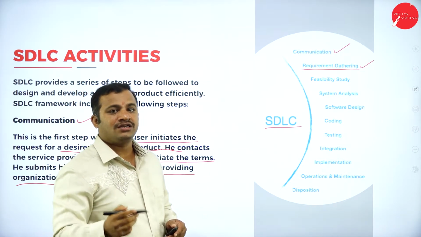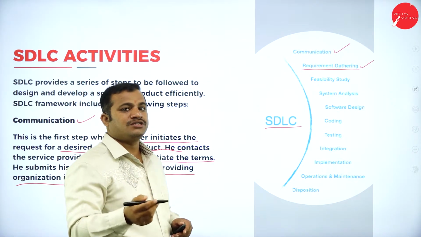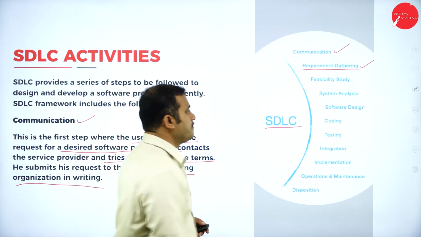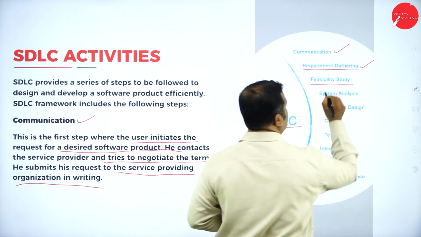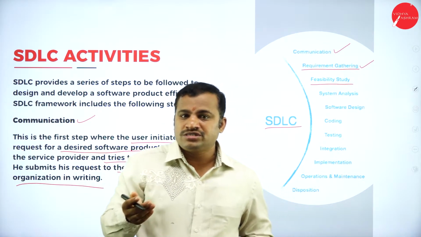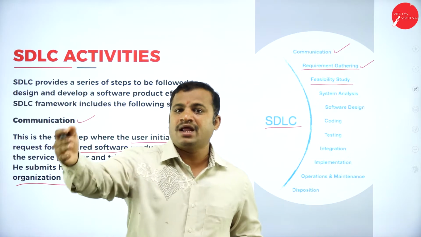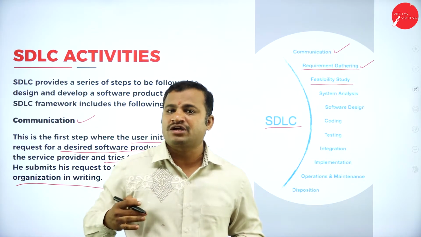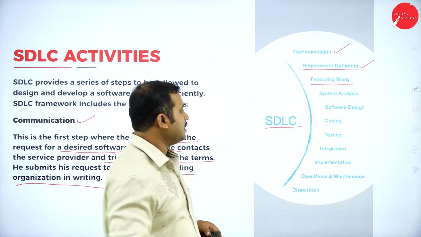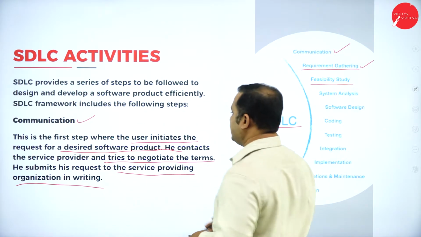They start collecting information and documenting it in the form of a description. Then the feasibility study. They will check whether the project approached by the client is going to be worth enough to the company or not. That is called a feasibility study, which you will study in the next step.